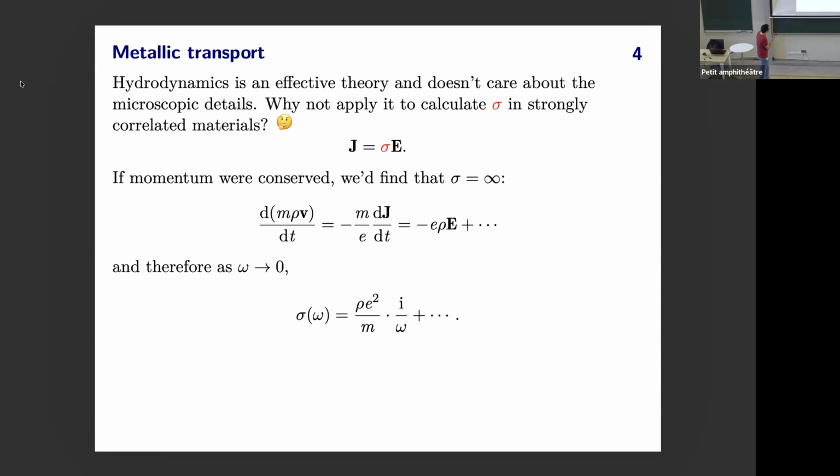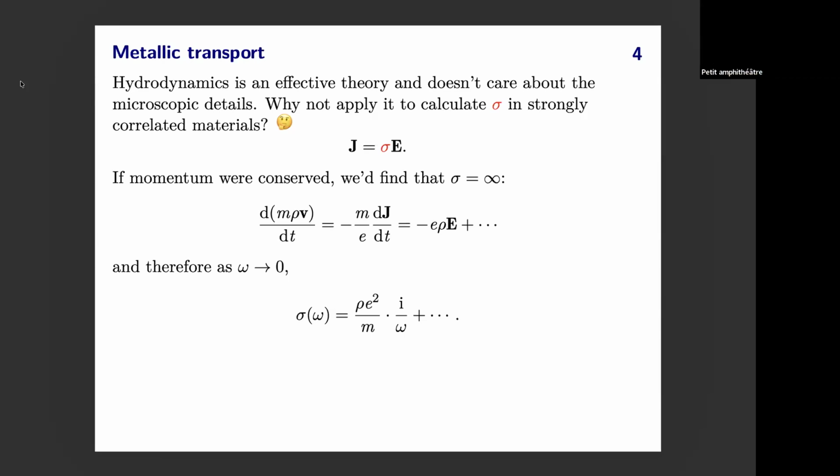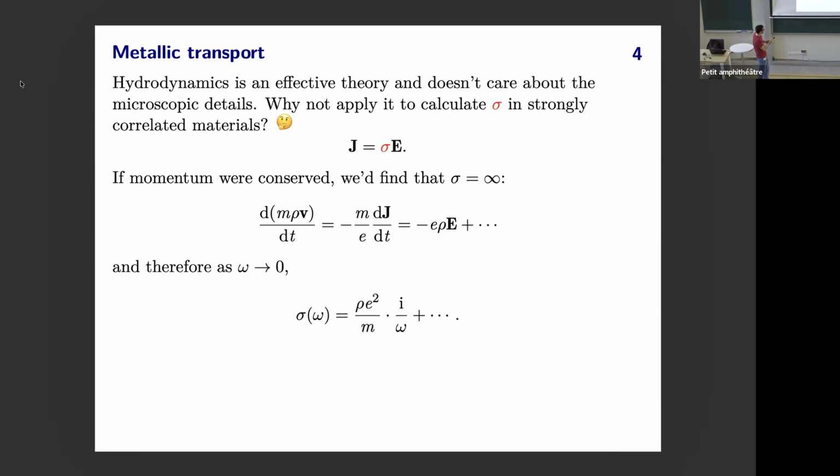And we usually would measure in experiment the Fourier transformed version of sigma. So let's do that. We find that sigma of omega from this formula will at leading order have this kind of pole, i over omega times what's called the Drude weight, which for Galilean fluids would be the charge of the electron, e squared, over m times its mass, weighted by the number density.